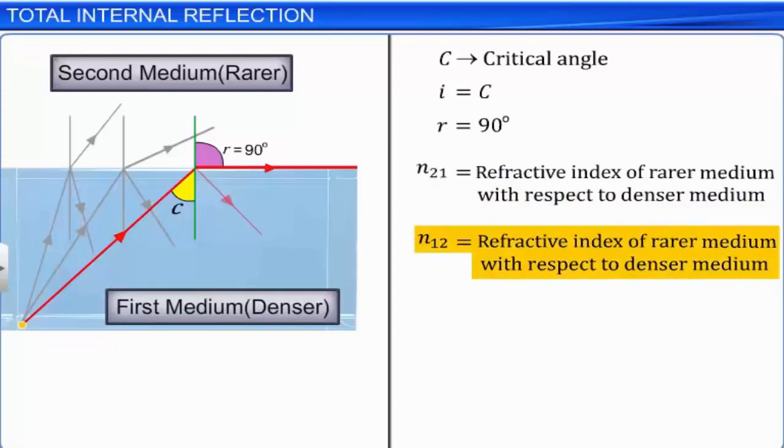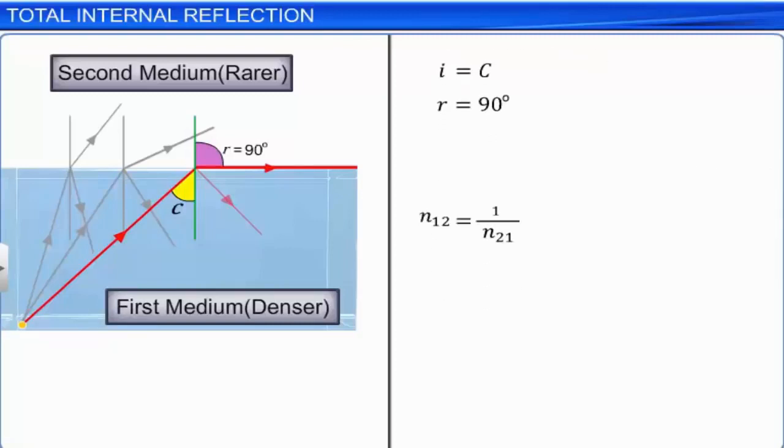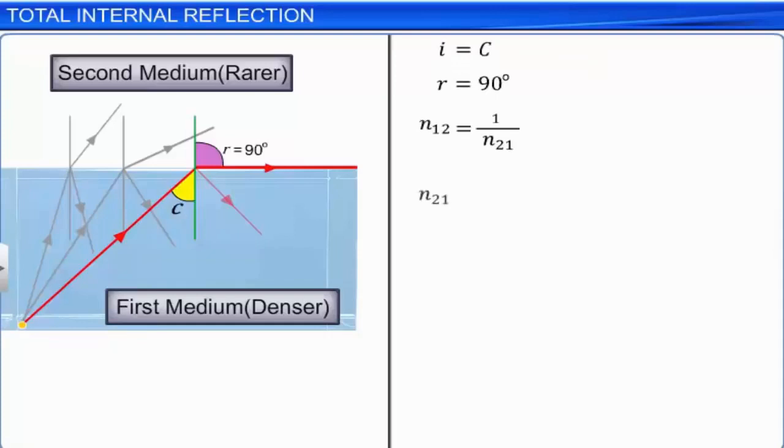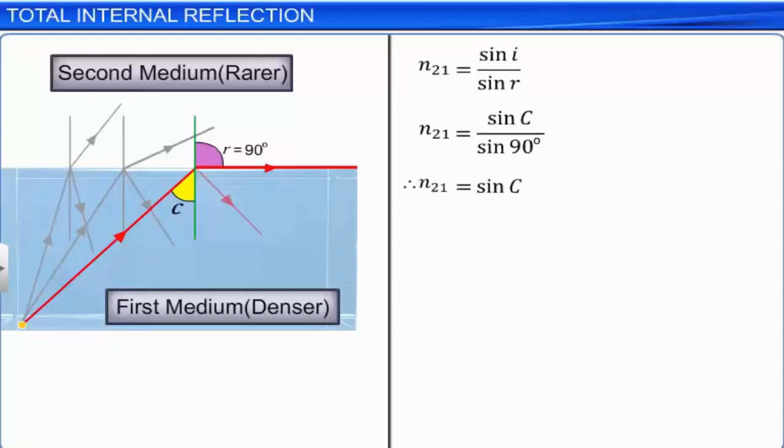As per Snell's law, n21 is equal to sin i by sin r, which is equal to sin C by sin 90. Therefore, n21 is equal to sin C, or n12 is equal to 1 by sin C. This means the refractive index of the denser medium with respect to rarer medium n12 is equal to 1 by sin C.